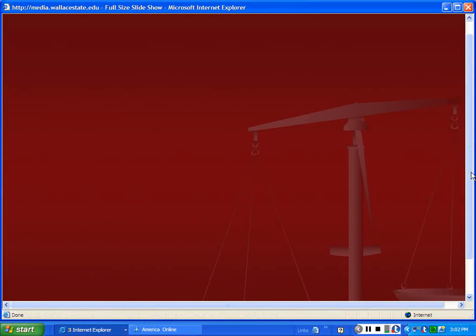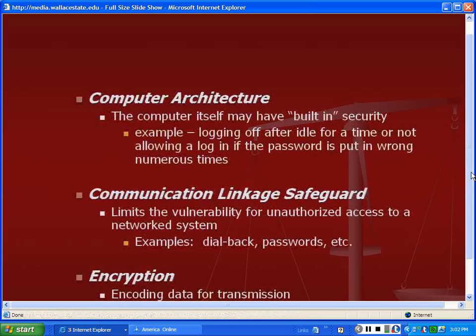Now, computer architecture itself can have built-in security, so the computer itself. An example of this is logging off after it's been idle for a certain amount of time. You can log on to a system or do something, and if you don't do anything or input anything for a certain number of minutes, you may be automatically logged off.